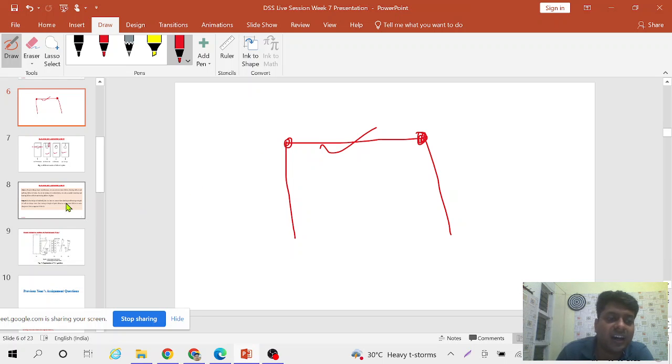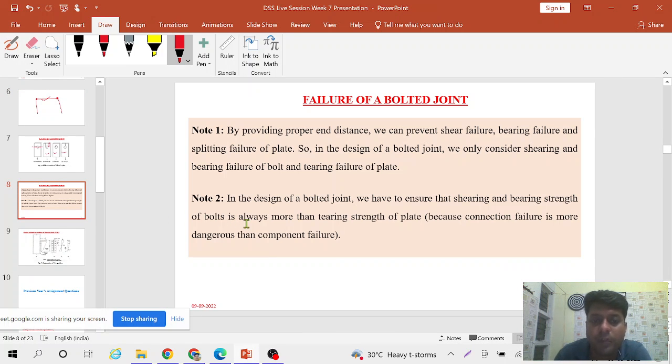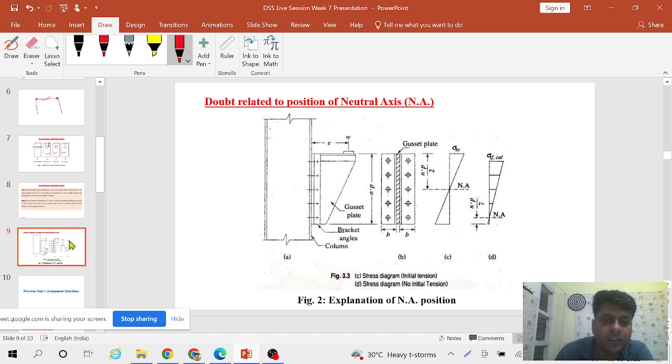So that is why note 2 is very much important for practical purpose when we are implementing our design on the ground. So we always prefer that the shearing and bearing strength of the bolt is always more than the tearing strength of the plate. Okay, now coming to your doubt, Shivans.